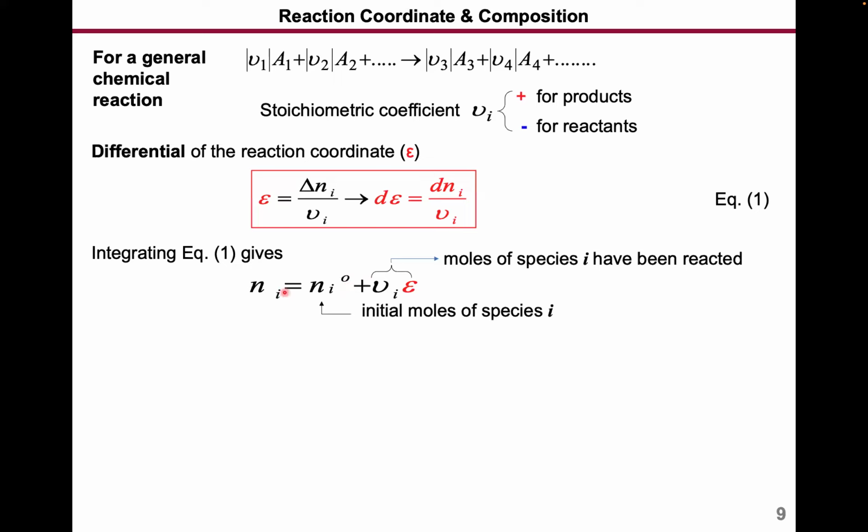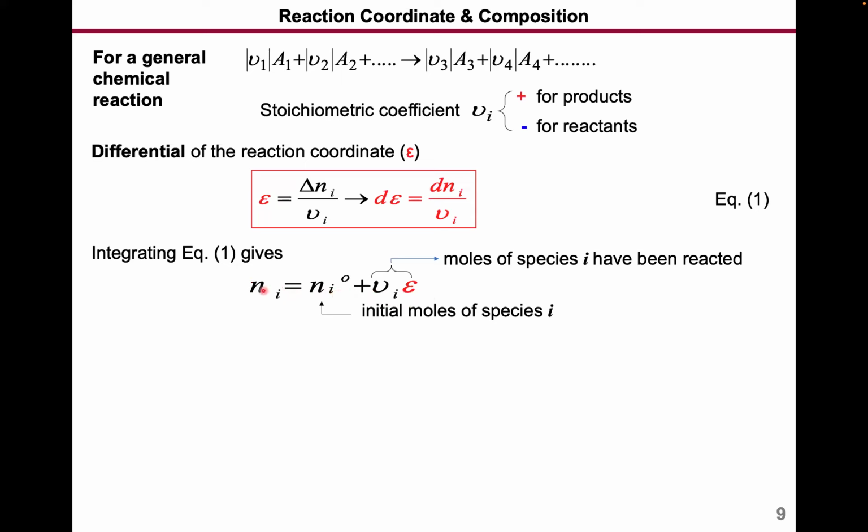And then if you integrate, you move Vi to the other side because these are stoichiometry coefficients, so they are constant values. Then you integrate on both sides. So it's going to be delta Ni is equal to Vi epsilon. And then you move Ni initial to this side.